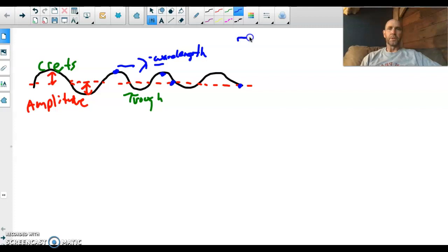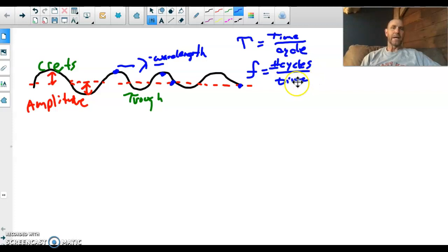Yesterday we measured the period of the pendulum, and that is simply the time for one complete cycle. Another characteristic of a wave is the frequency, and that's the number of cycles per time.